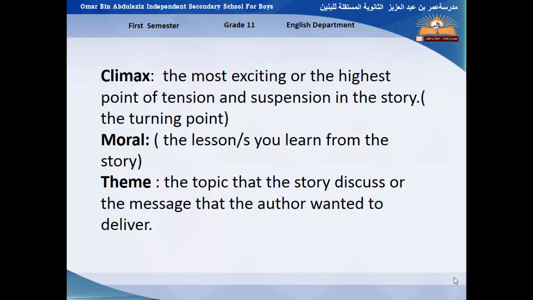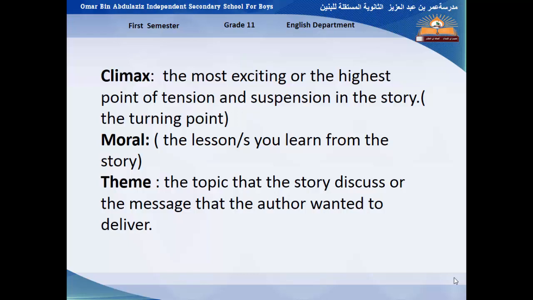Later in this presentation, we are going to show in which part exactly you will write your moral. But I'm telling you in advance that you can get the moral in the last paragraph of the story, which is the conclusion. Fine? So this is the moral you can get in the conclusion.